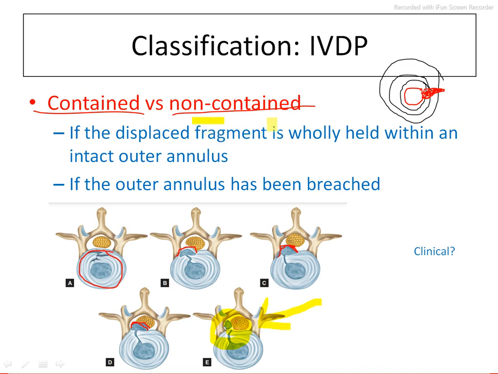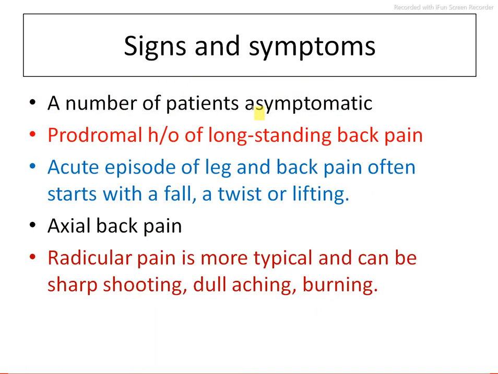So the non-content variety has a better prognosis or resolves spontaneously. Now signs and symptoms. A number of patients are asymptomatic. Suppose you do a screening MRI in the general population, then you may find different levels of disc degeneration, different levels of disc prolapse. Patients may not have any symptom. However, the most common symptom is pain.